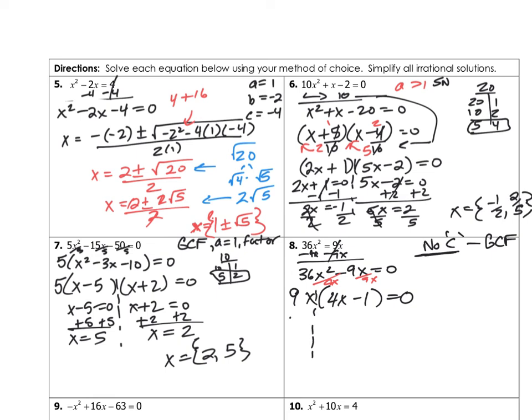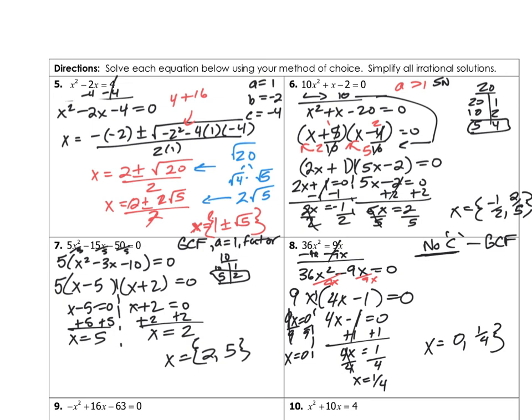Set each factor equal to 0. Solve for x. Divide by 9. x equals 0. Add 1. Divide by 4. x equals 1/4. So x equals 0, 1/4.